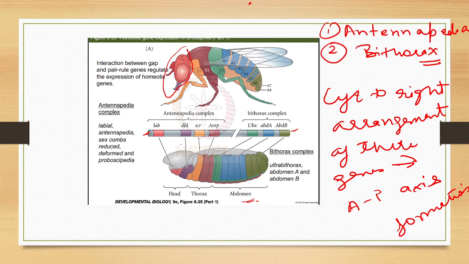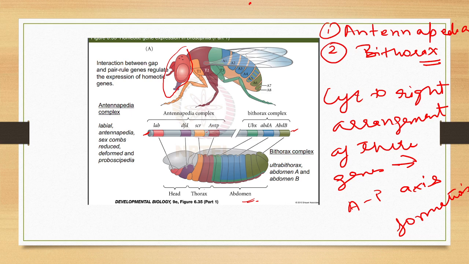So the head region is specified by labial, deformed and proboscipedia. Your thorax is specified by sex combs reduced and antennapedia.